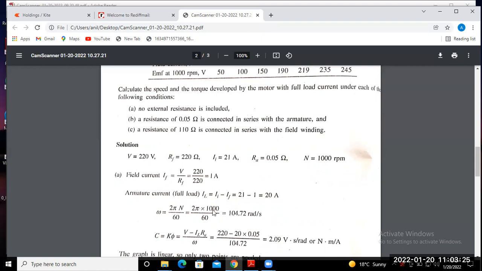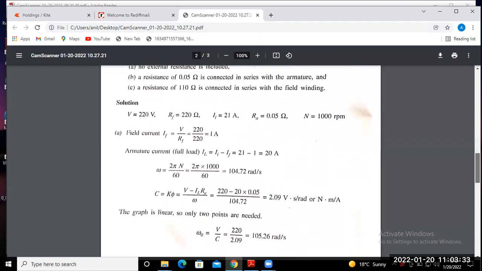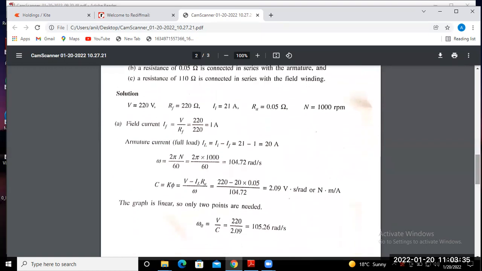So 2 pi into 1000 by 60, which simplifies to almost 104.72 radian per second.